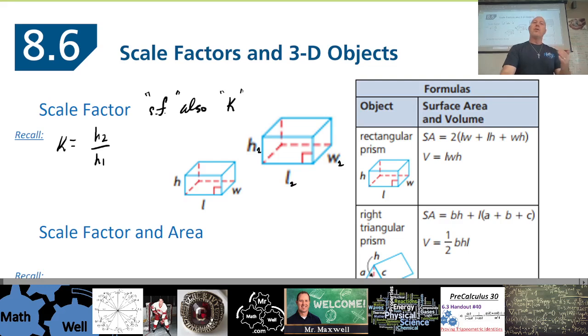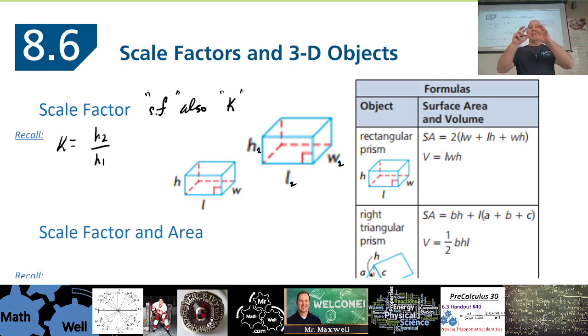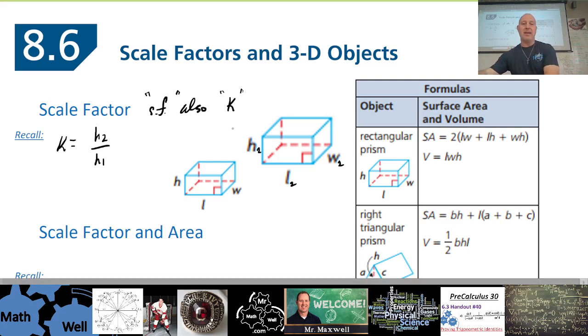All right. This one we've also touched on just the other day, when we talked about how the scale factor relates to the ratio of areas. Remember that? So recall, we've already learned this, that if you have H2 and H, and these are similar objects, the ratio of dimensions on similar objects is the scale factor, right?